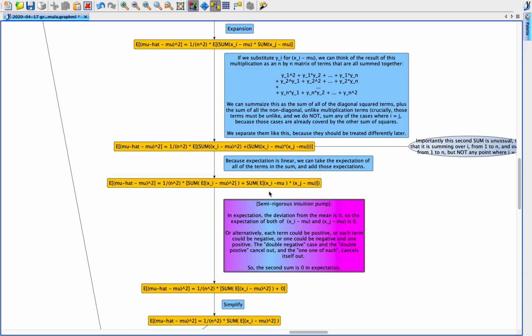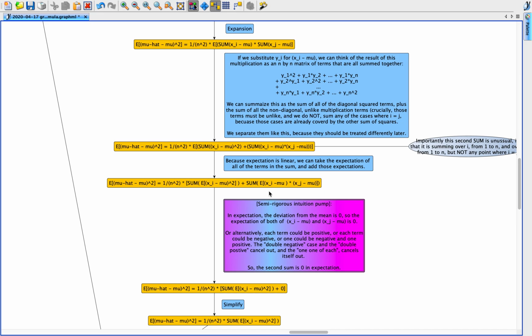Same with xj. If one is bigger and one is smaller, again, this is not strictly rigorous, then those two cancel out. Obviously, they need to have the same magnitude, but their average deviation is also 0.